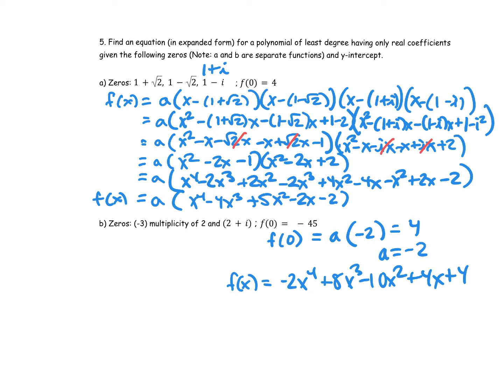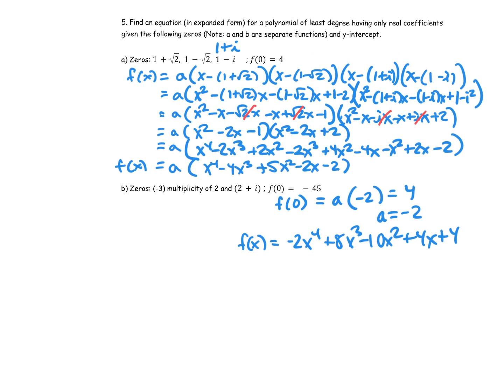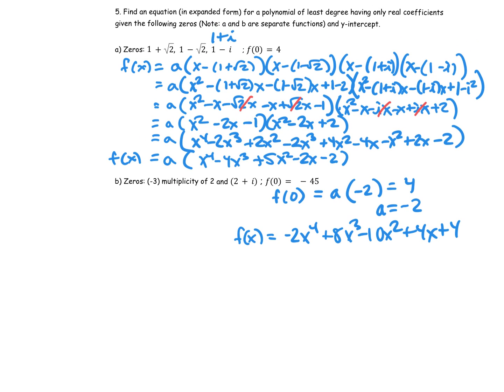All right, now you're going to approach B the same way. I'm not going to do the whole thing, but let's just set up how you would start. So for zeros, you've got a 0 of negative 3 of multiplicity 2. I'm going to put your a always first. So x plus 3 squared, multiplicity 2. And then a 0 of 2 plus i, which means you're also going to have a 0 of 2 minus i.